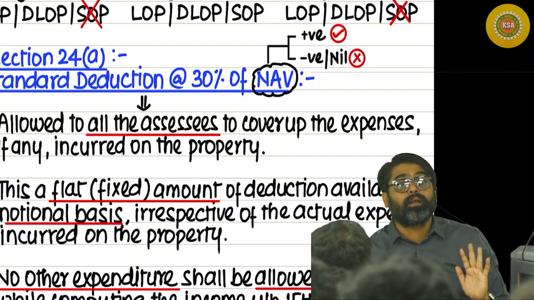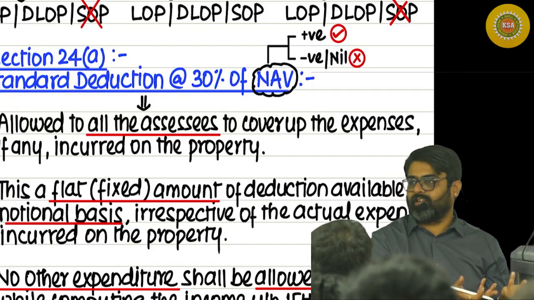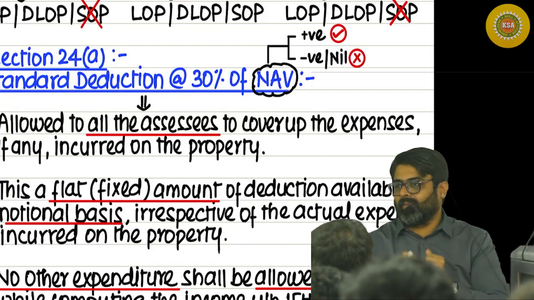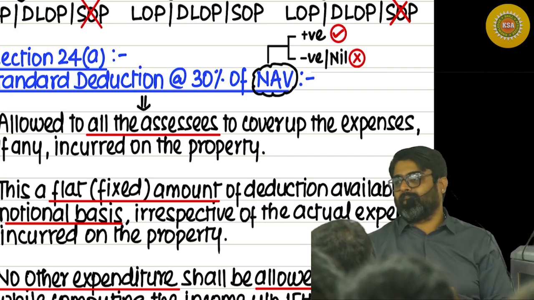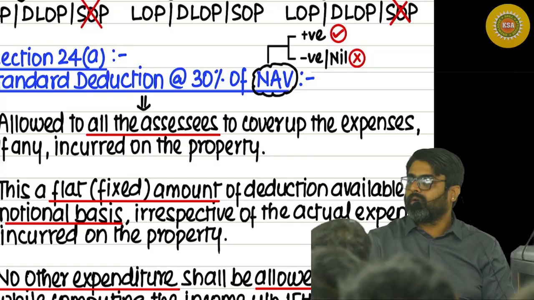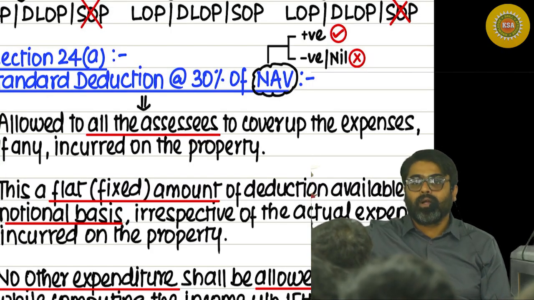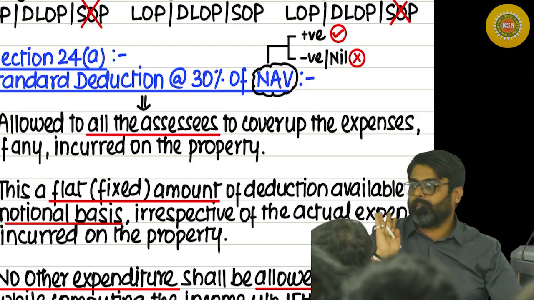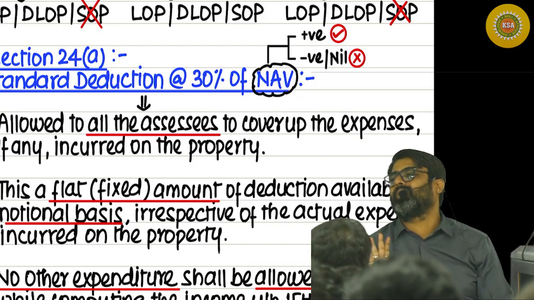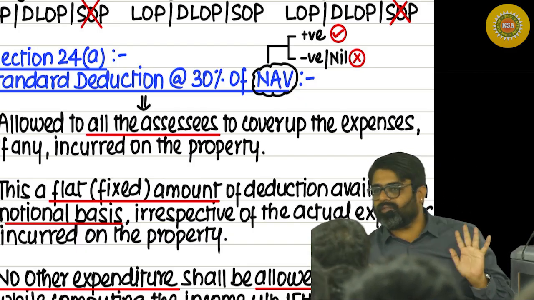Getting my point, everyone? So if no expenditure is incurred, still you are getting 30%, and if less expenditure is incurred, still you are getting 30%, then don't come to us when your expenditures are more. In that case also we will ignore your expenditures and will allow only 30%. Yes or no? Hello? Did you understand the logic for 30%?